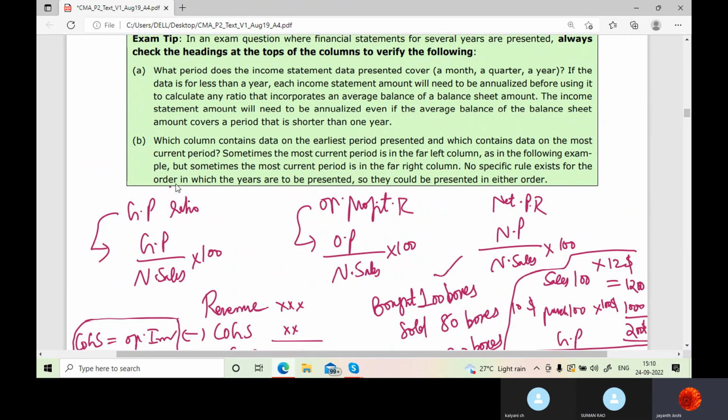So what is this ratio going to tell you? This ratio is going to tell you, from the core activity or prime activity of the business, what profits the business has generated. Correct?